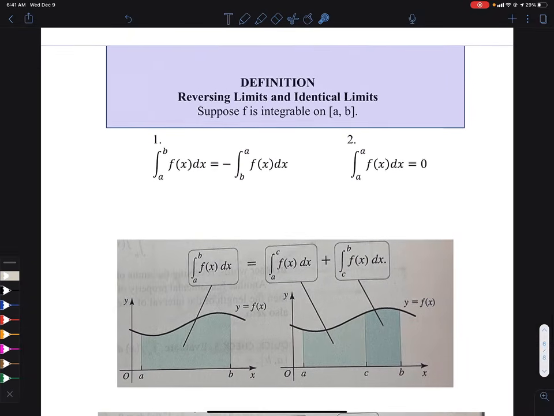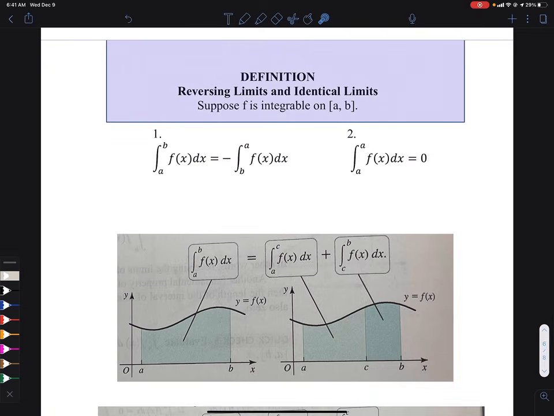So here are some things that you just have to know. If you start at A and you end at B, you get a net area. But if you go backwards, you start at B and you go to A, you're going to get the opposite net area.